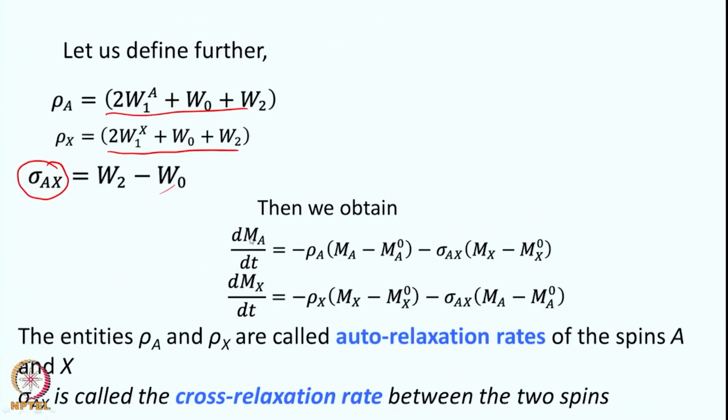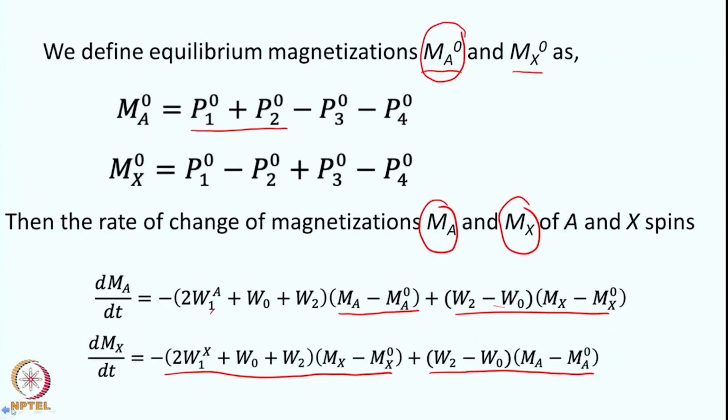So, the rate of change of magnetization of A spin can be written like rho A. If you look at the previous equation, here we have defined this as rho A minus sigma A minus this.